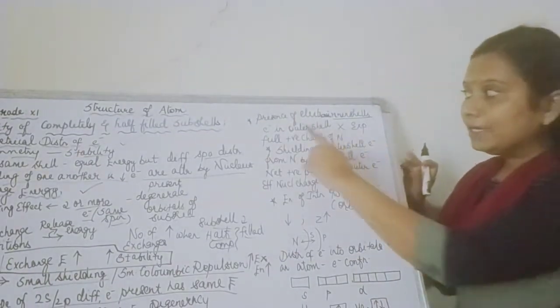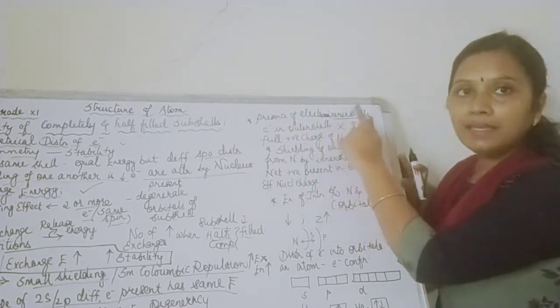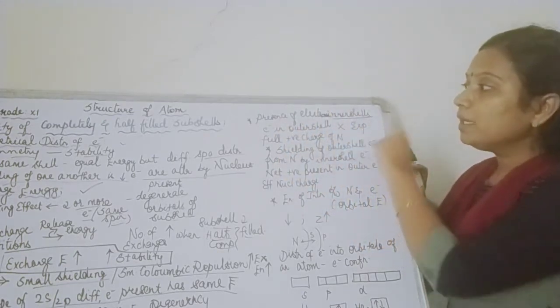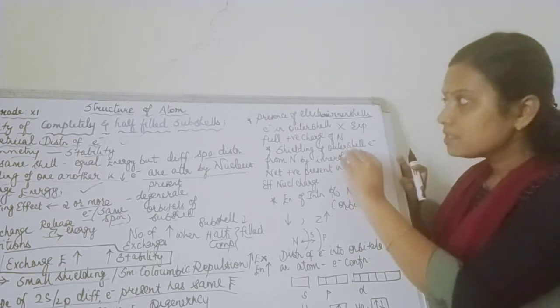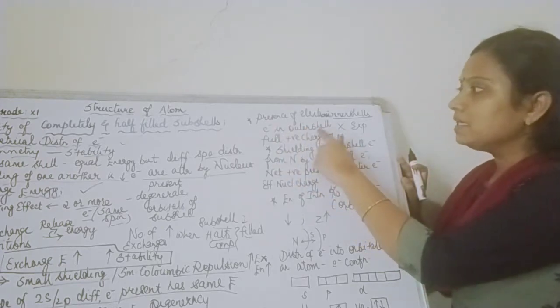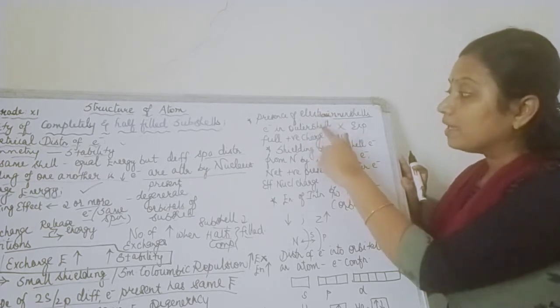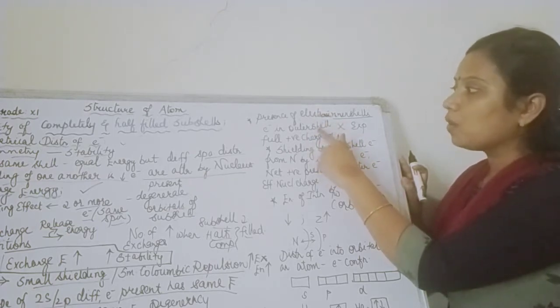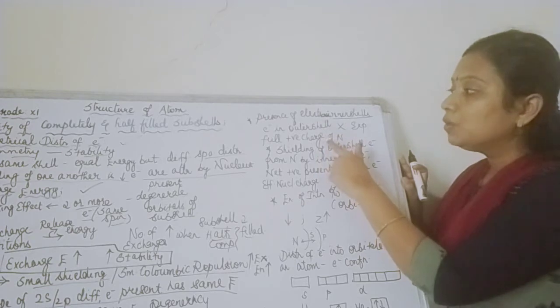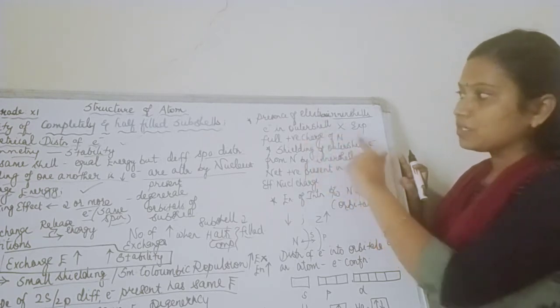Electrons present in the inner shell reduce the exposure of the outer shell electrons to the positive charge of the nucleus.